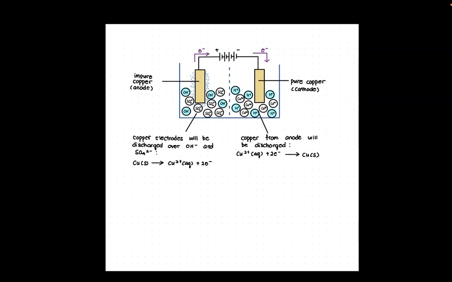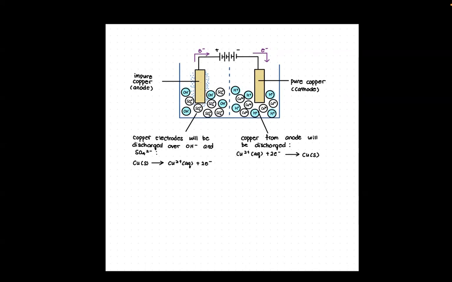The copper inside that goes towards the cathode and discharges. Then the copper from the impure copper replaces the copper that already reacted, so the liquid stays the same. Is that why?